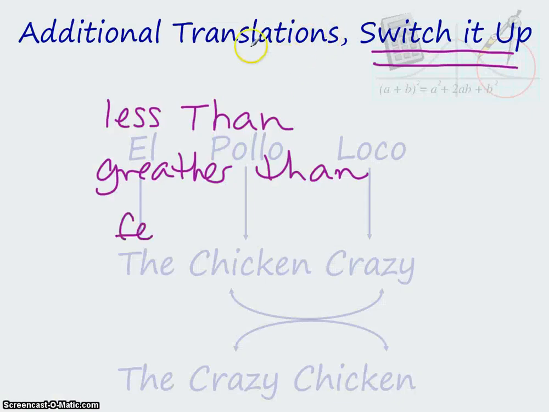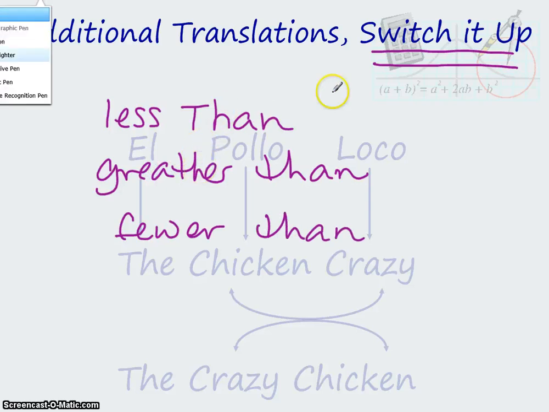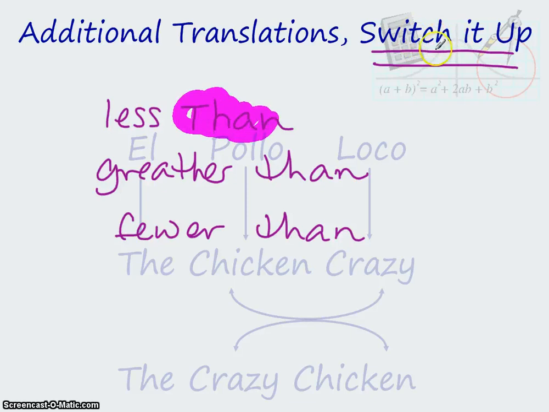I don't see any parentheses words. So 3 increased by is plus. Quotient is an easily forgotten one. Quotient means division. We show division in algebra with a division bar. Sometimes you see the division sign, but we're going to use a division bar. And what they're dividing is what it says after, k and 4.